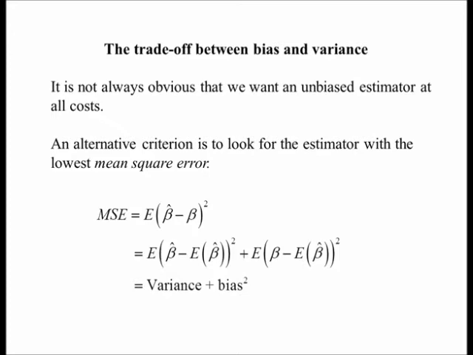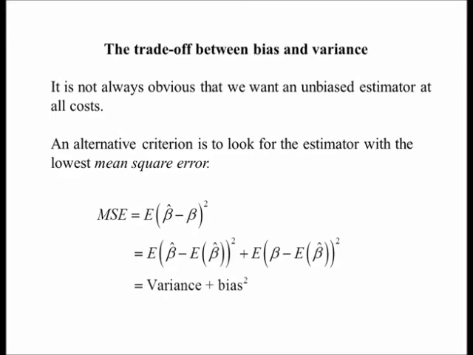And what we've got to do is find some way of looking at that in a little bit more of a formal sense. And to do that, I want to introduce a new idea to you, and that's the idea of the mean square error. So the point here is not always obvious we want an unbiased estimator at all costs. Okay?